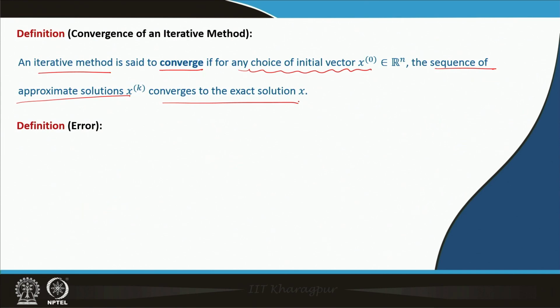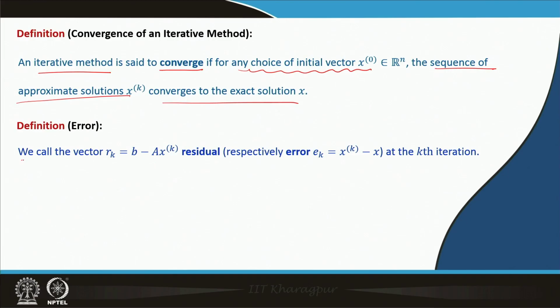And for the definition of the error, because we will also be talking about error, we call the vector r k equal to b minus A x k the residual, or respectively the error.